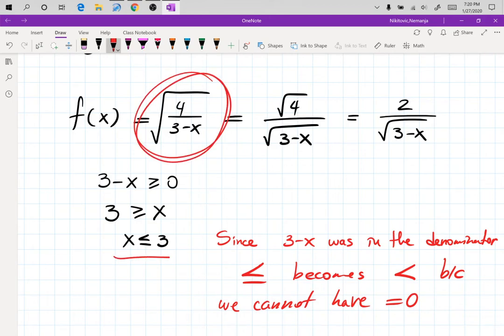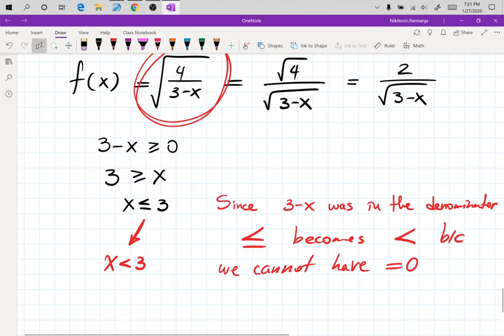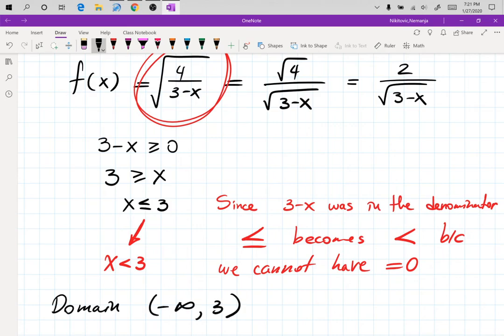So if I say x equals 3, and you pick 3, you get 4 over 0. So we have to kick that out. So the actual answer here is x less than 3. So what's the domain? The domain is negative infinity to 3. That's the domain for this particular function.